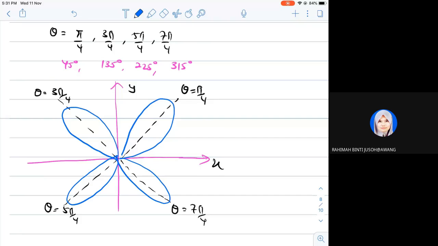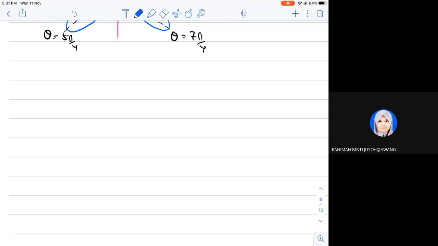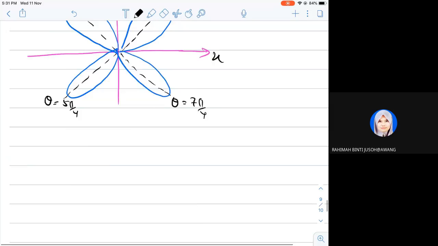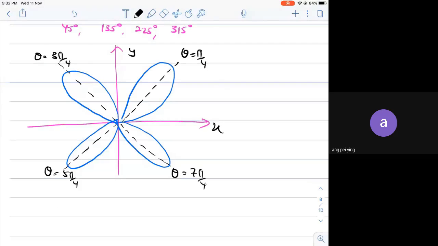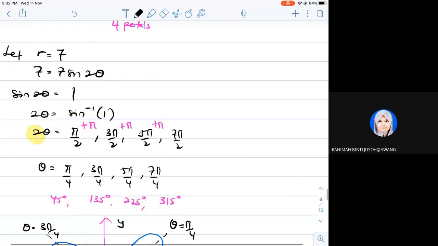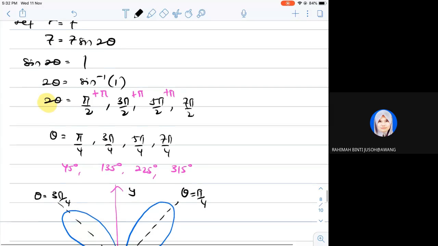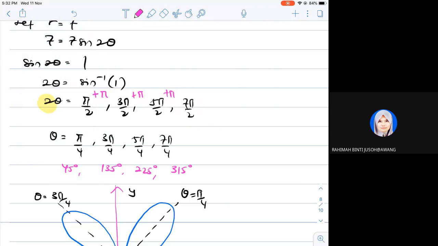Understand? Yes. Okay, good, well done. So can I ask something? Yes. Why do we have to let R equals 7? Oh, why? Because we want to find the position of the petal.